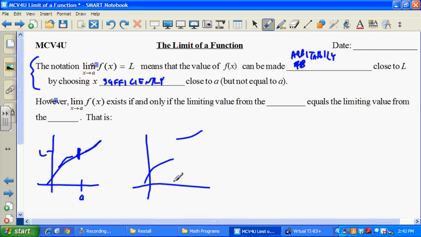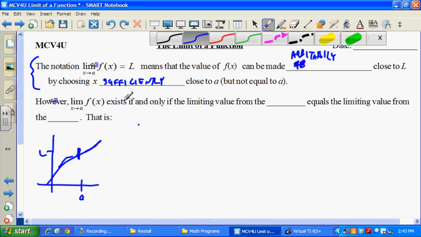If this is a, where would my L be? Would it be down here or up here? This can't happen. This limit doesn't exist, is what we would say. There is a clear but difficult definition of this, and that's what I'm going to talk about tomorrow.